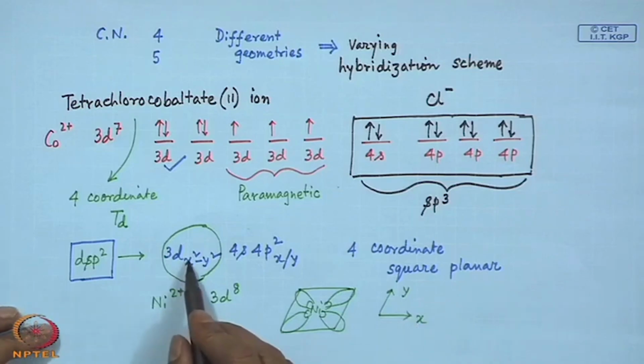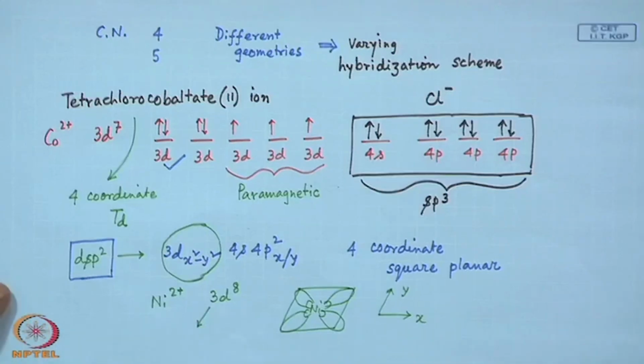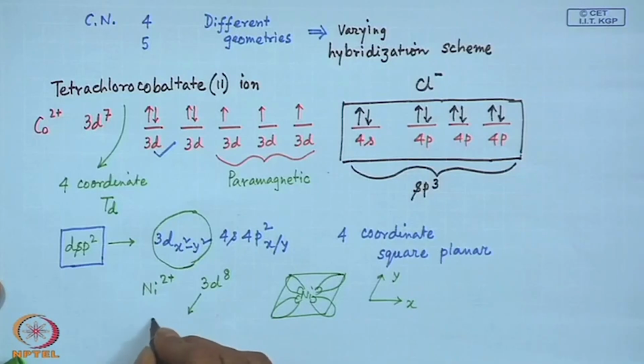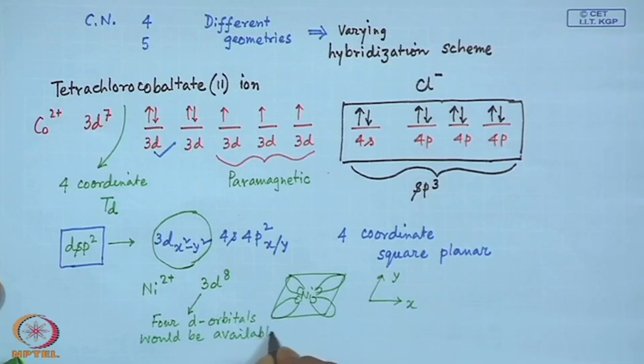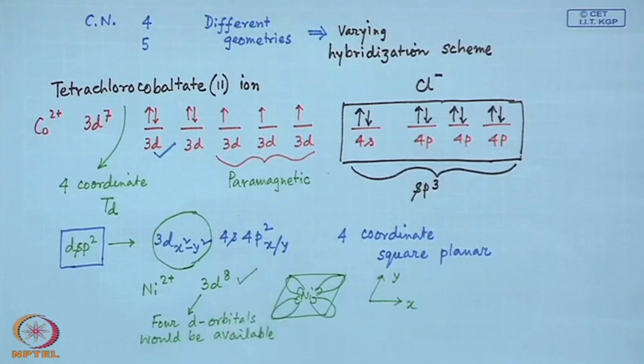So one is out, so we have the remaining 4 d orbitals available to accommodate these 8 electrons. So all the levels would be filled.